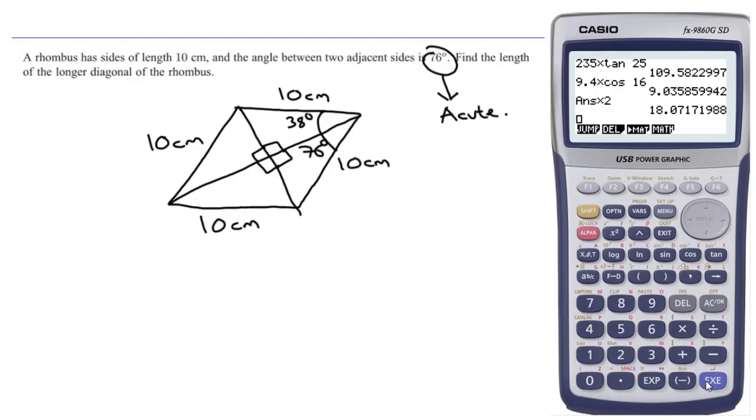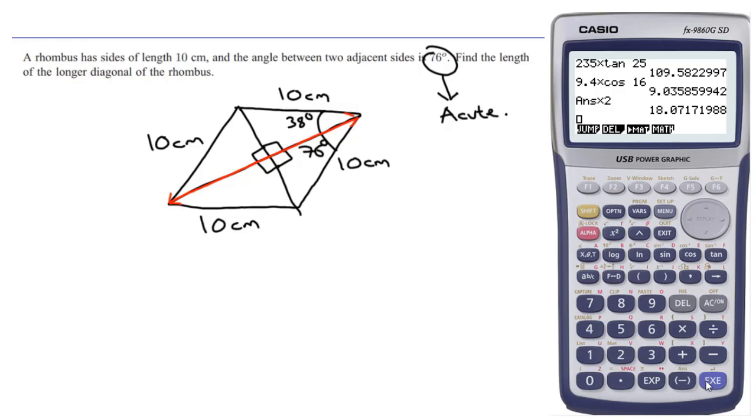So now I can draw one of these things. What do I need to find? The length of the longer diagonal. If we look at the longer diagonal in this diagram, you can see that this diagonal is much longer than the other diagonal, just because of the way it is drawn.